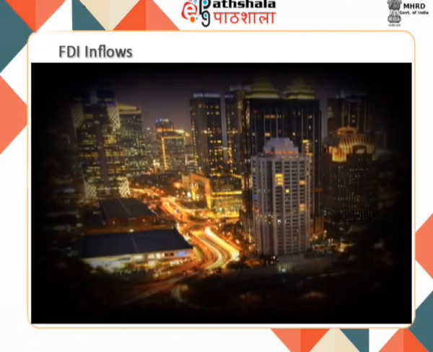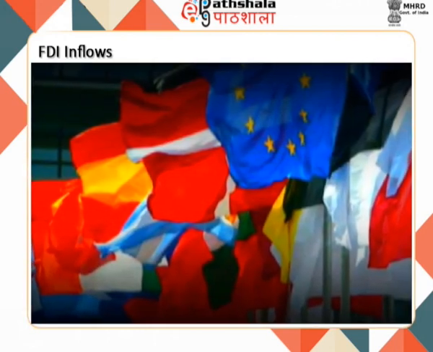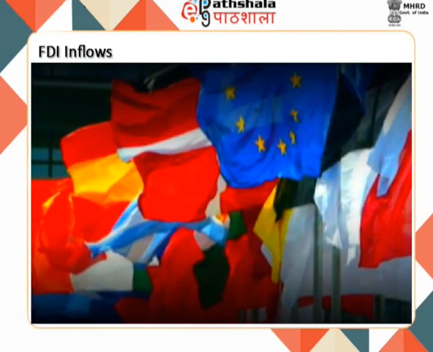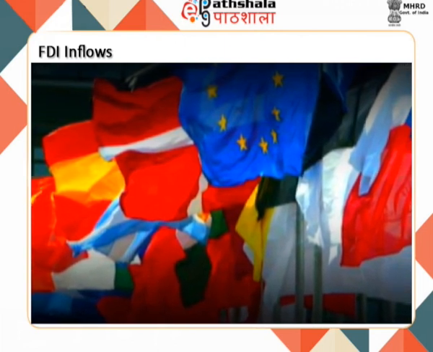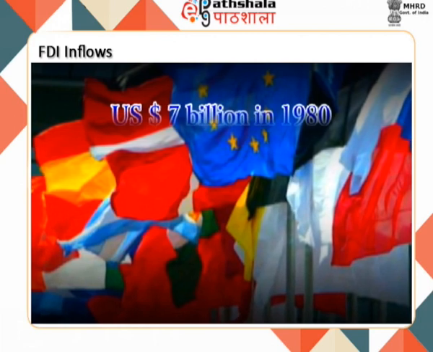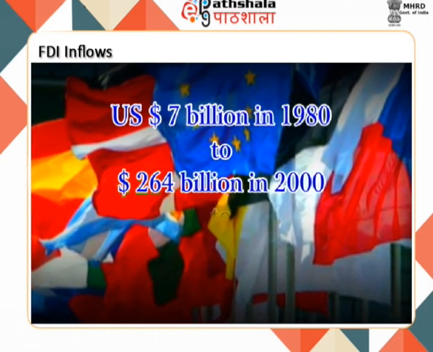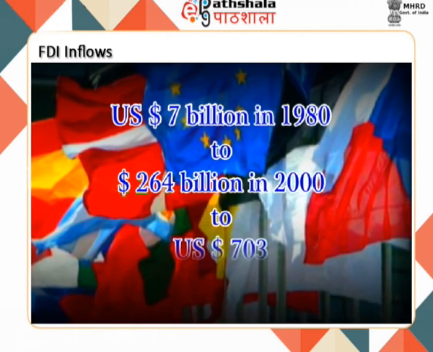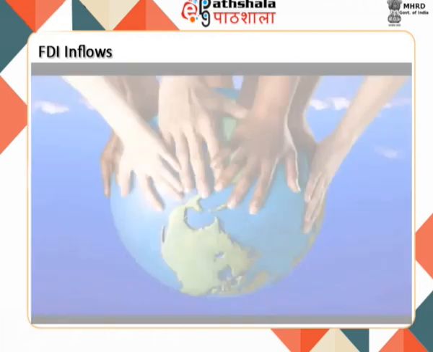Even though developed nations still account for the dominant share of FDI inflows, the share of developing countries is on the rise. FDI into developing nations increased from 7 billion US dollars in 1980 to 264 billion US dollars in 2000 to 703 billion US dollars in 2012.